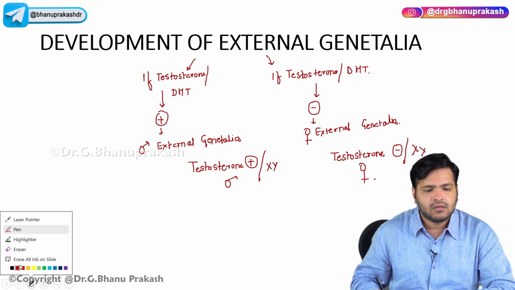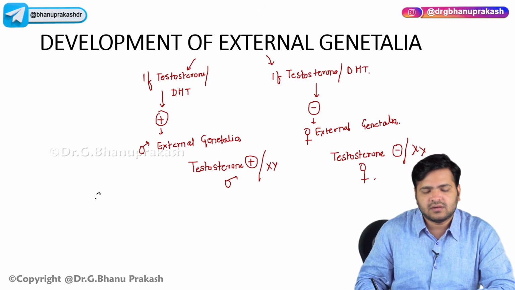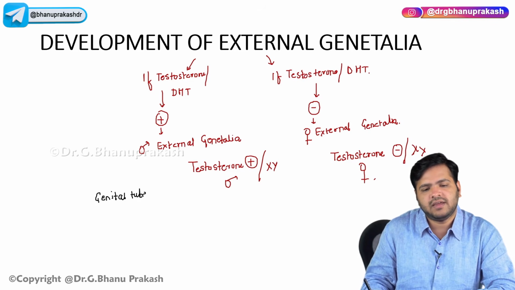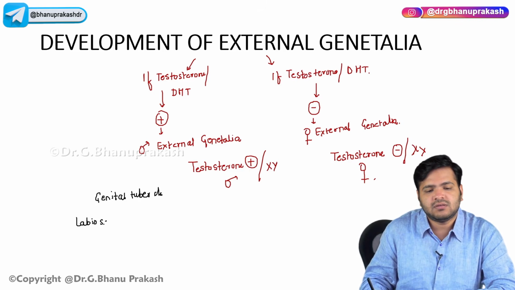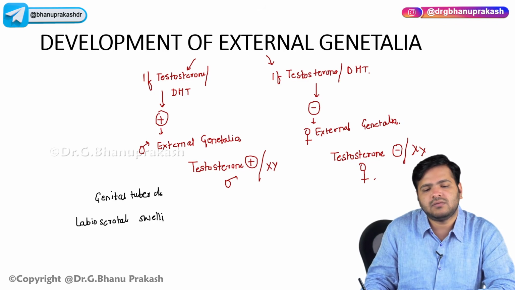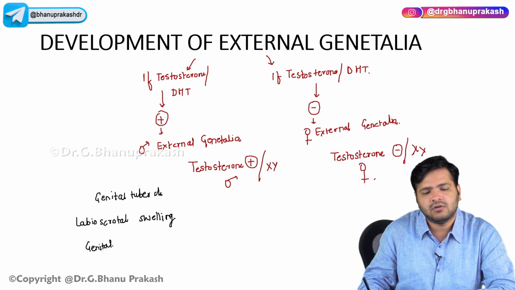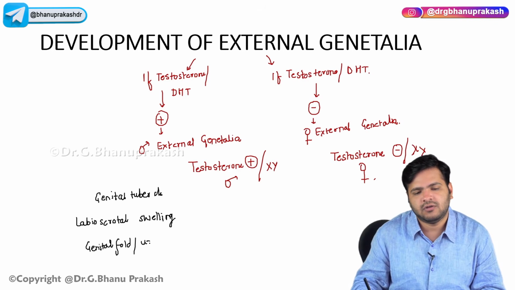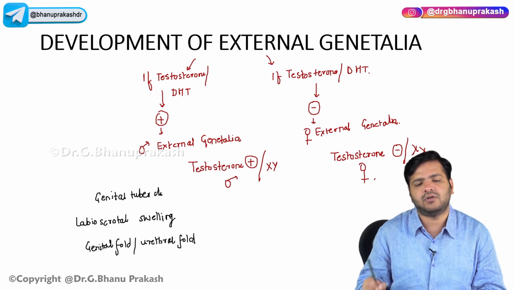Now the three structures are there: the genital tubercle, the labioscrotal swelling, and the genital fold or urethral fold.